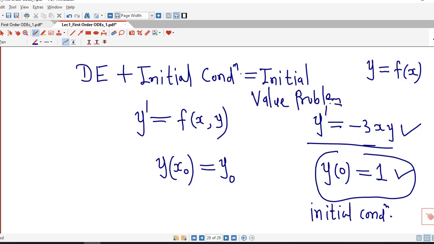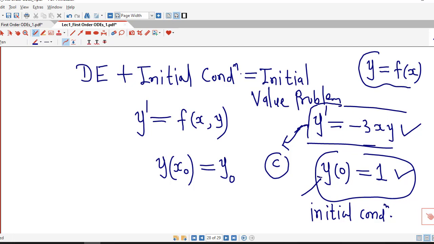Now as we know, if we solve this differential equation y dash equal to minus 3xy, there will be infinite number of solution for this differential equation depending on the value of arbitrary constant c in the general solution. Among all those solutions, we are interested in that solution for which value of y at x equal to 0 is 1.